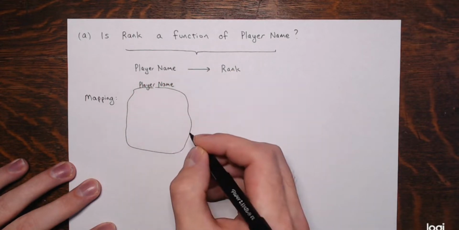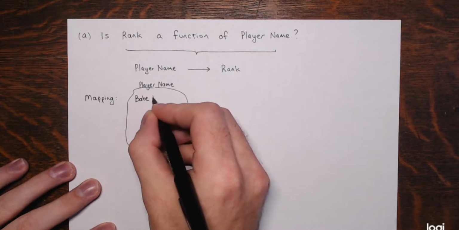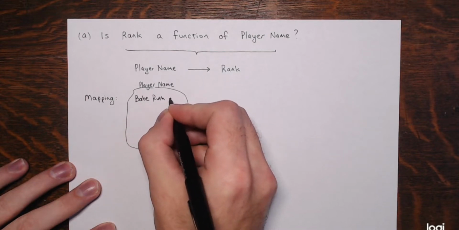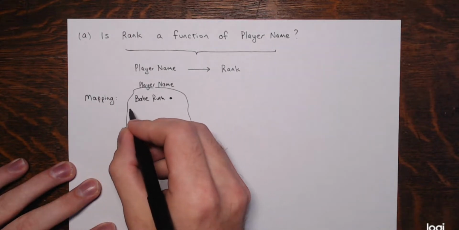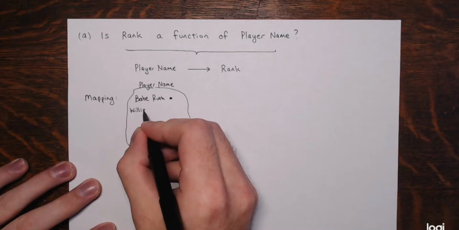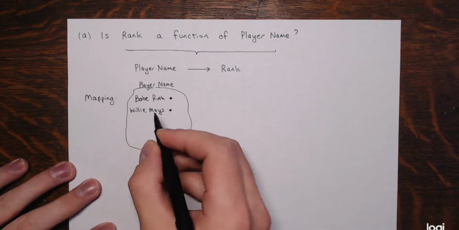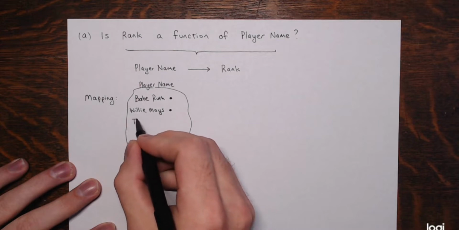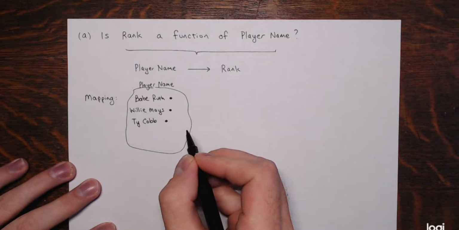And you had Babe Ruth. Make a little dot representing Babe Ruth and Willie Mays. Another dot for that element, that player name. Ty Cobb. Walter Johnson.